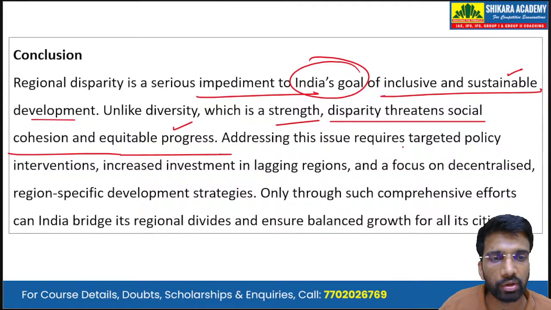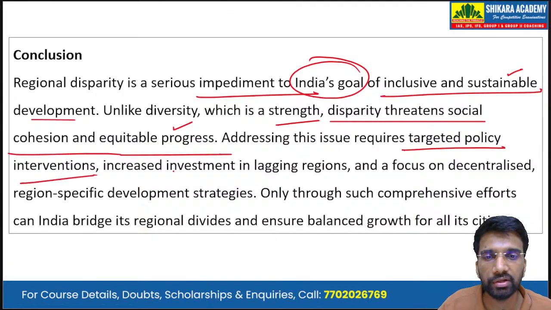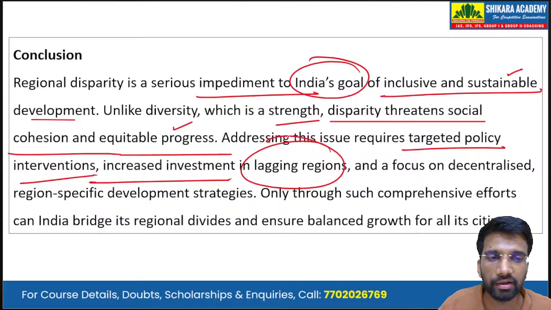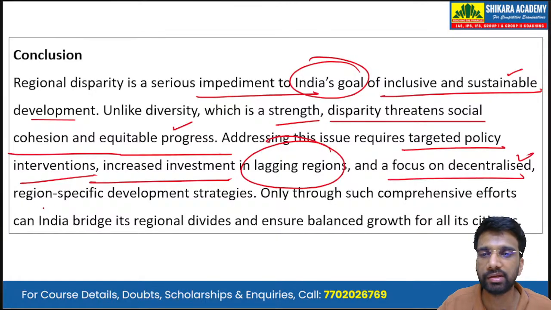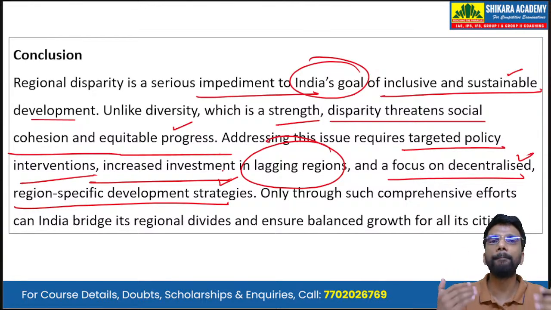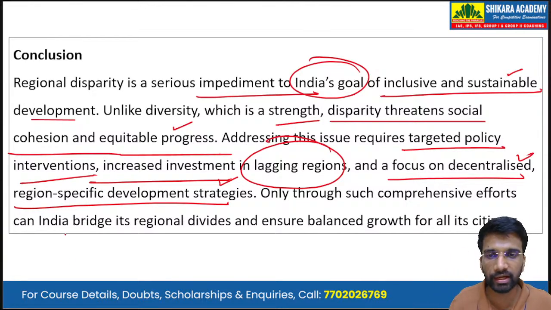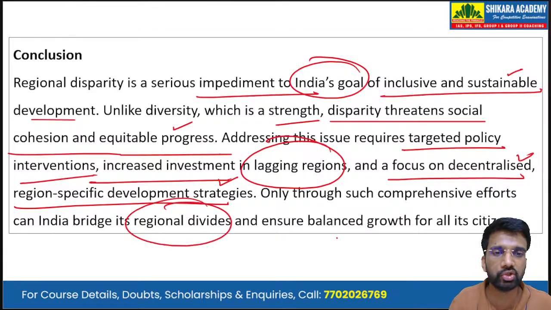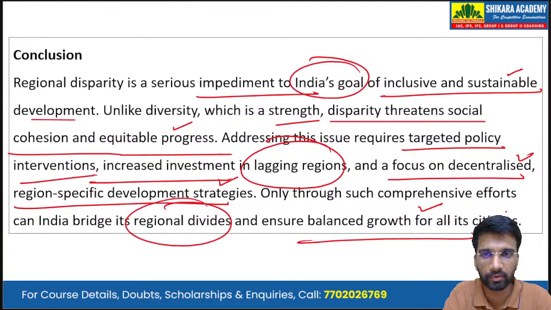Addressing this issue requires targeted policy intervention, increased investment in the lagging regions, and a focus on decentralized, region-specific development strategies. Only through such a comprehensive effort can India bridge its regional divides and ensure balanced economic growth for all its citizens. So we have written a way forward in the conclusion.